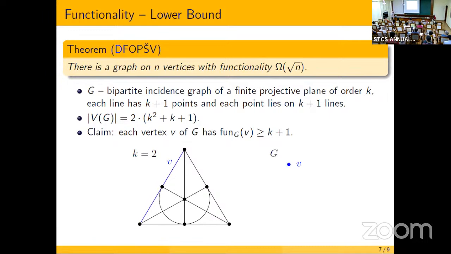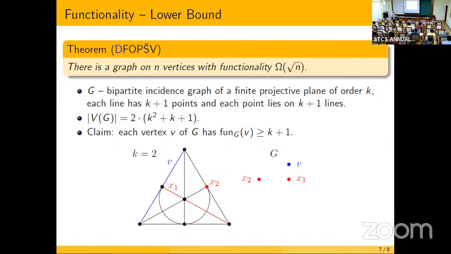We take one vertex V in graph G. Because the graph is very symmetric, we don't care if V is a line or a point. So let's say V is this line, and let's suppose the functionality of this vertex V is 2. It means there are 2 vertices that determine the neighborhood of V.